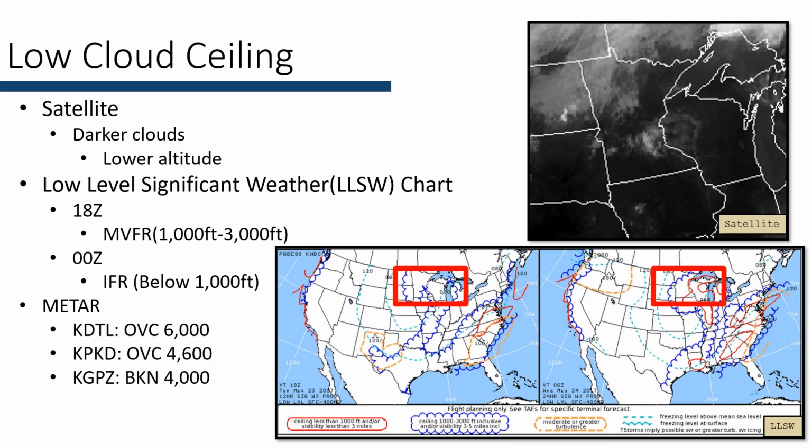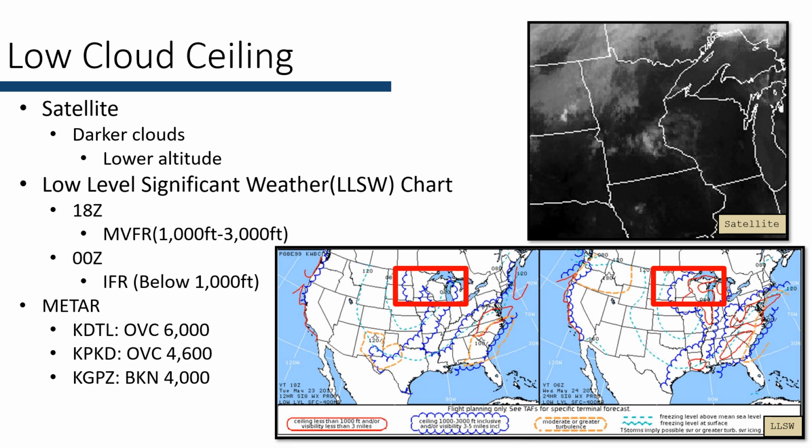3 of the weather products that gave us clues about cloud ceilings are satellite, the low-level significant weather chart, and METARs. The darker clouds on the satellite images indicate the cloud should be lower in altitude. The low-level significant weather chart shows MVFR conditions at 18 Zulu, putting the cloud ceiling somewhere between 1,000 and 3,000 feet at that time.